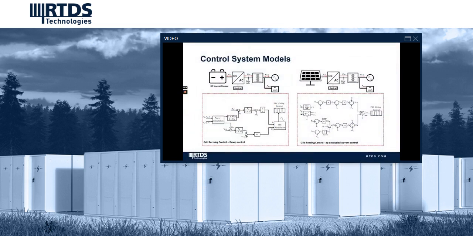To model the control systems of power electronic converters, they can be classified as grid forming or grid feeding control. In grid feeding control, the converters can be modeled as controlled current sources. These controls require a synchronization to the grid voltage through a phase lock or frequency lock loop in order to generate and push power to the grid.